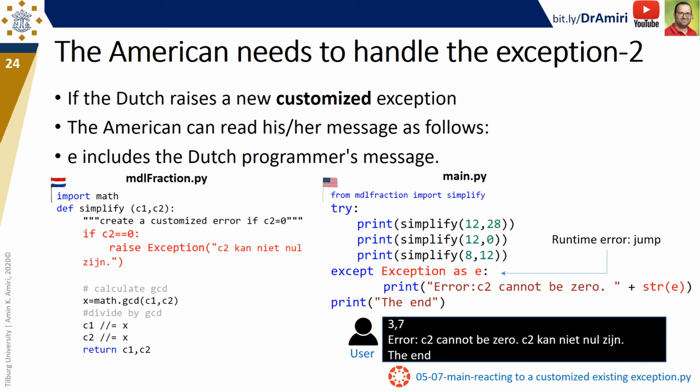The program jumps to the except Exception as E. The error message is stored in E, and now you see here print error C2 cannot be zero, and then str(E), which means the Dutch translation of the error is also printed here for the American user. Of course, I won't suggest this, but this is a way that this programmer did this.